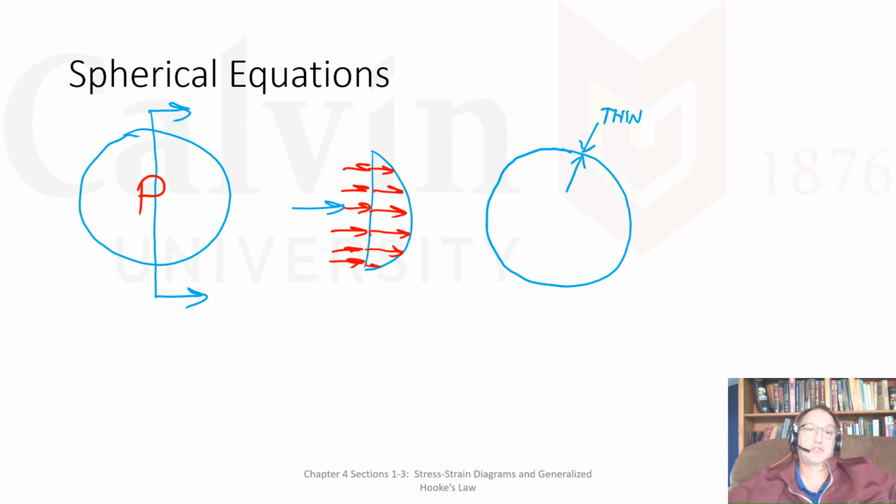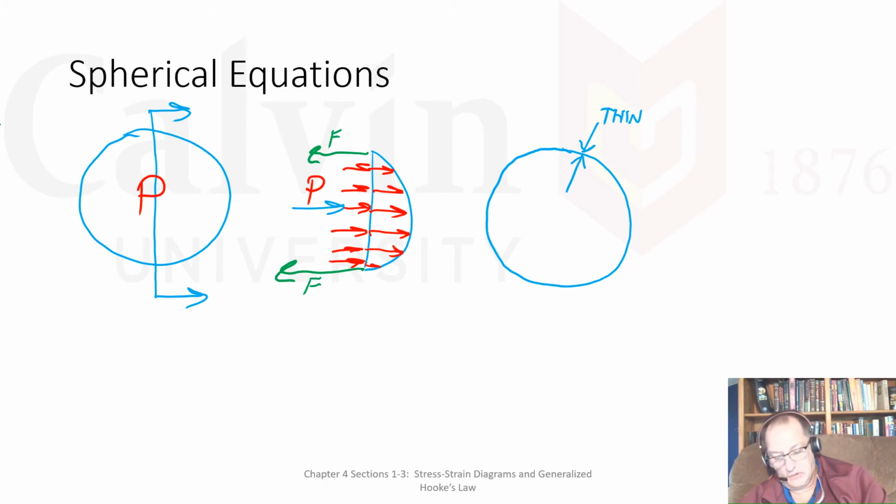That's the way my internal pressure is acting. I'm going to have a force acting out that's pulling it back, keeping it connected to the other side. And so I've got some force here, and I've got that same force there, and I've got some pressure acting in.